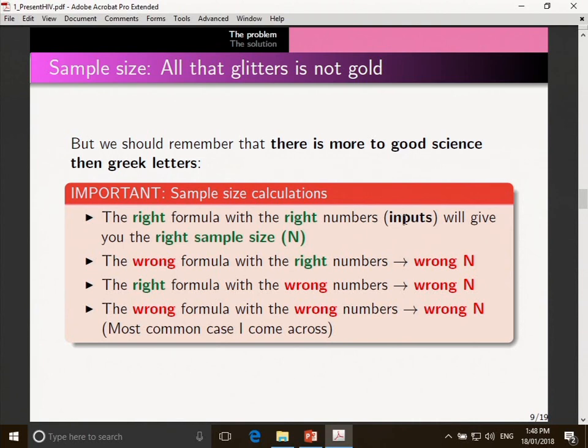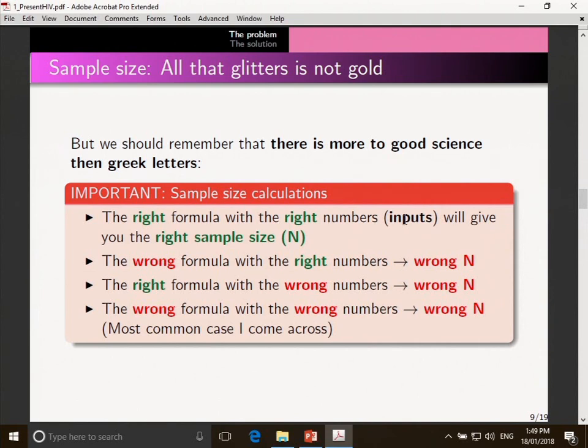The right formula with the wrong numbers is going to give us the wrong sample size. And here is the most common one I come across. The wrong formula with the wrong numbers. Is that going to give us the right sample size? I don't think so.